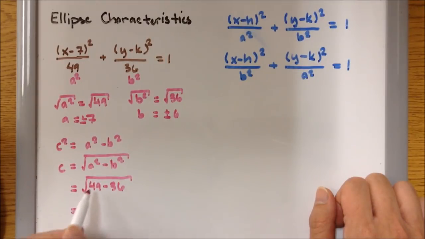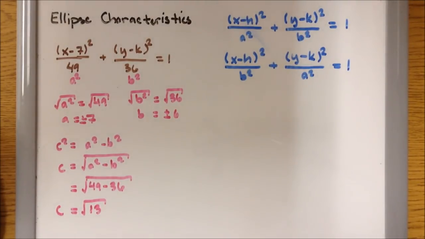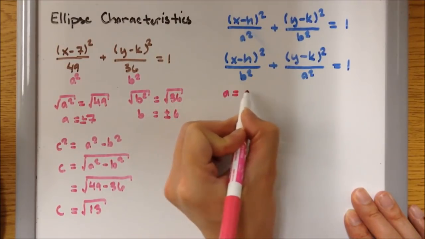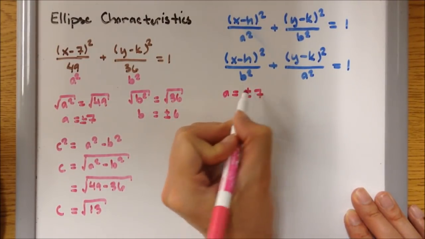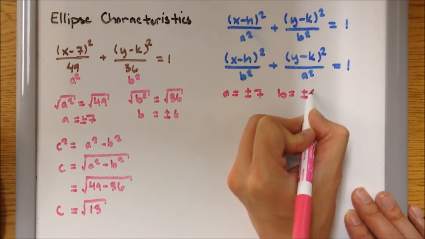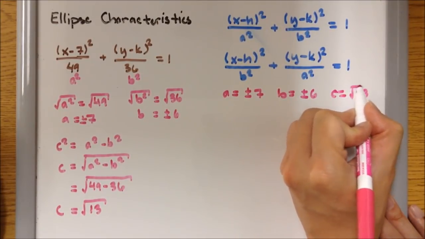Once I plug those numbers in, 49 minus 36 inside the square root, that becomes 13. We can't take the square root of it, nor can we simplify it, so C will equal the square root of 13. So we got our A, B, C values. A is equal to plus and minus 7, B is equal to positive negative 6, and C is the square root of 13.